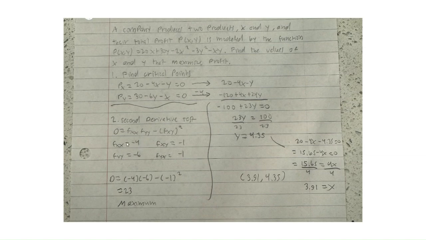So our fxx is -4, and if our fxx is less than 0, or basically a negative number, then our critical point is a local maximum. So our point is a maximum since D is greater than 0 and our fxx is negative.